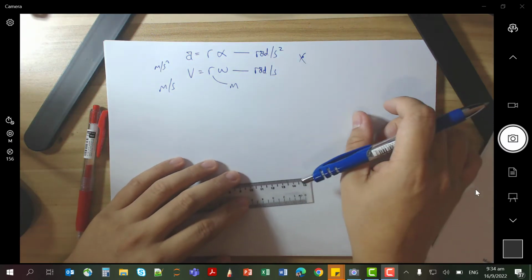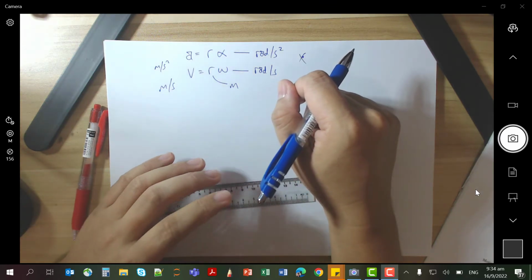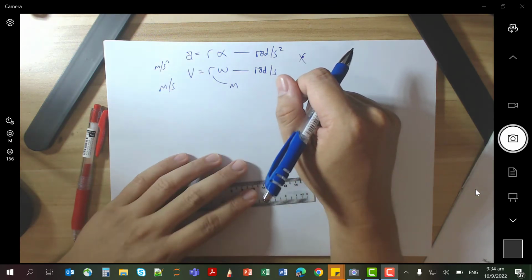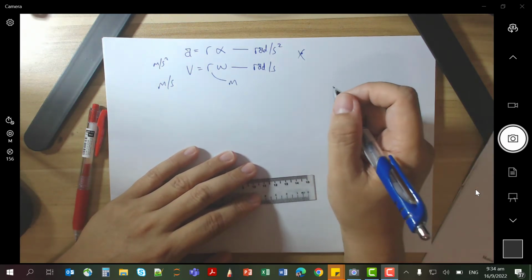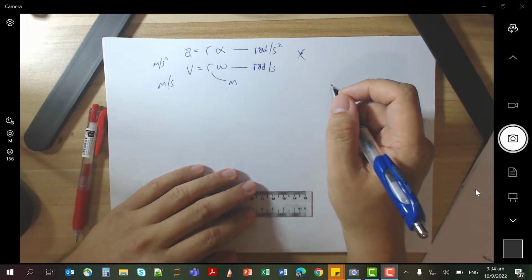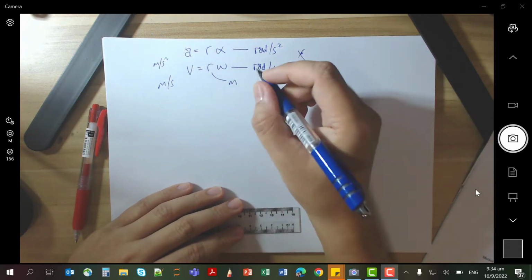All right, this is what we call kinematics, things that we've related to speed, velocity, and distance. There are a few other kinematics equations that you should know as well, and you have come across them back in secondary school.